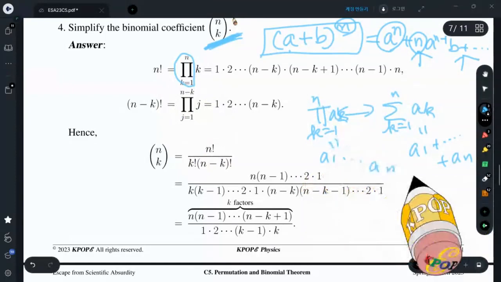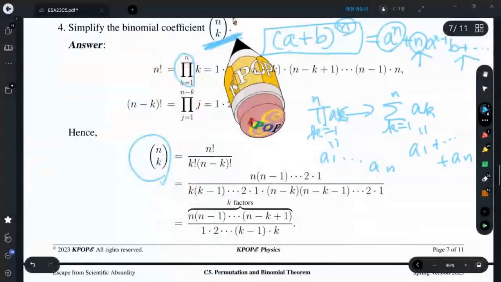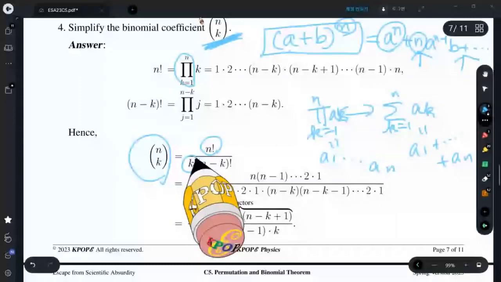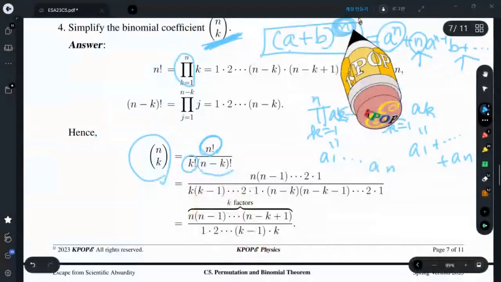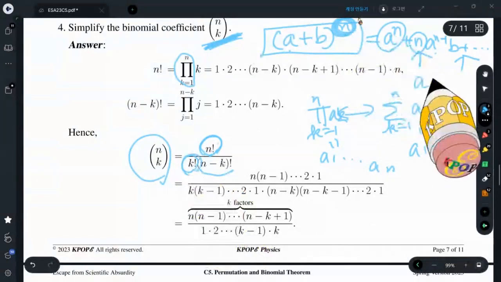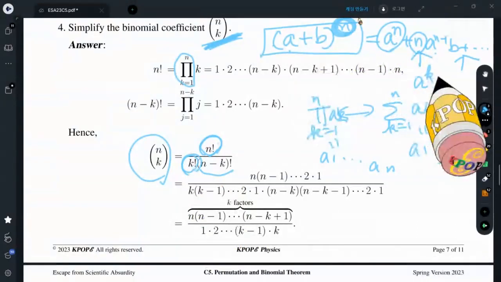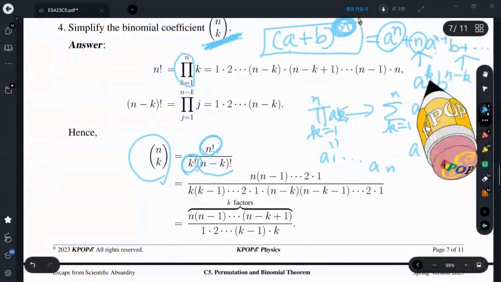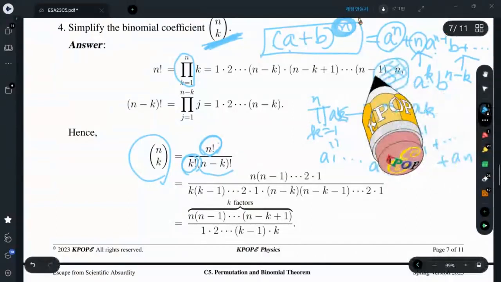So by definition, the binomial coefficient is n factorial divided by k factorial times n minus k factorial. N factorial is the number of arrangements. K is in the middle. I have k, and if I choose a by k times, then I need to choose b by n minus k times. Therefore, the multiplicity must be multiplied. That is the binomial coefficient.